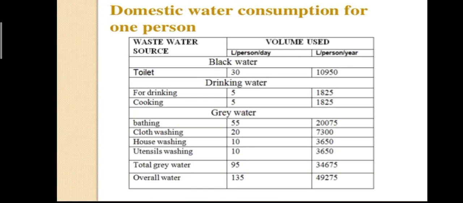For drinking purposes, 5 liters, and for cooking, 5 liters. And the grey water: for bathing, 55 liters, cloth washing, 20 liters, house washing, 10 liters, utensils washing, 10 liters, and total grey water is 95 liters. So, from this table, it is clearly known that the use of grey water is high.